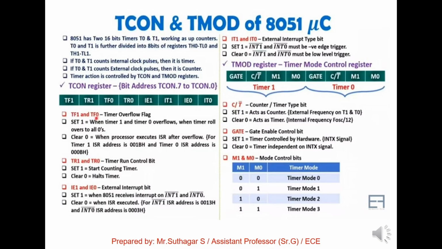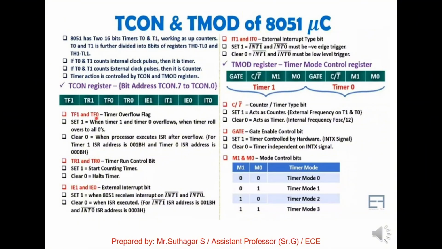When T0 and T1 count the internal clock pulse, we call it a timer, and when it counts the external clock pulse, we call it a counter. So when you utilize the internal clock pulse of the 8051 microcontroller, it acts as a timer, and when you make use of an external clock pulse, it acts as a counter.